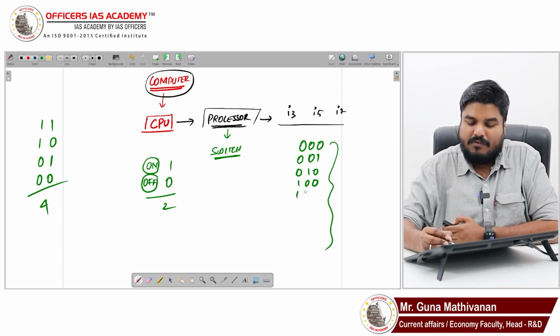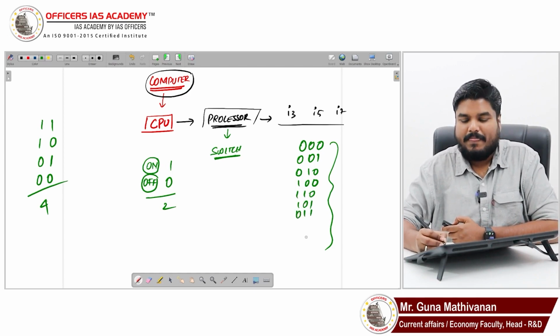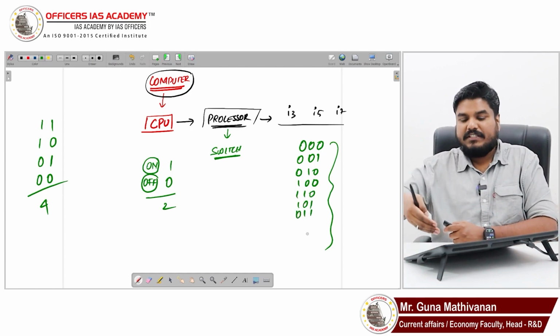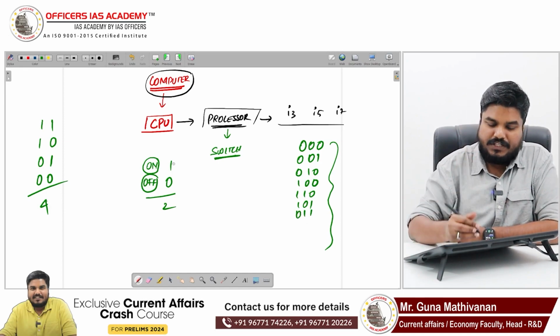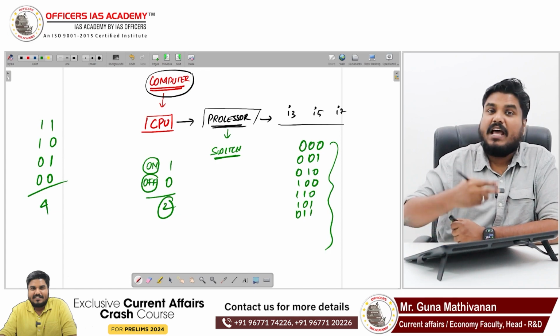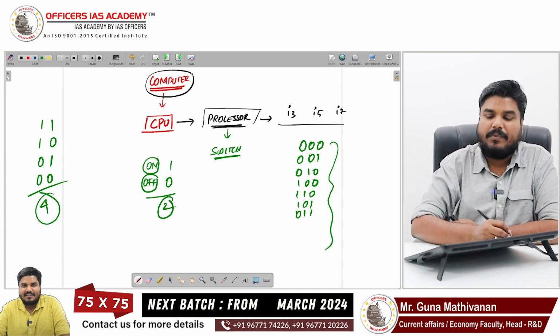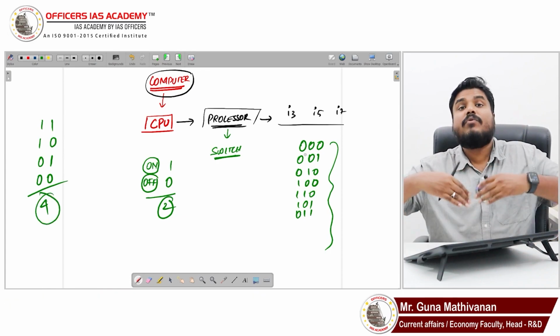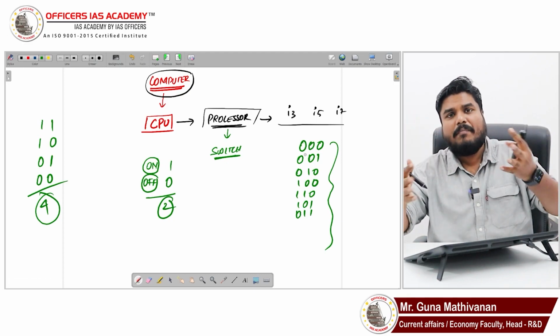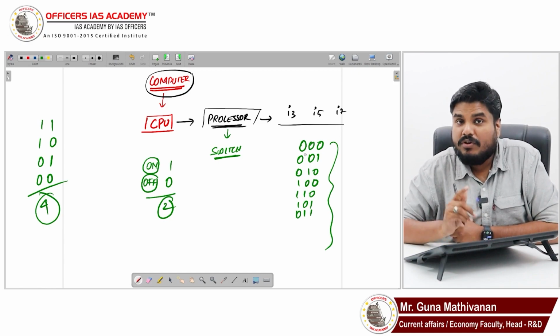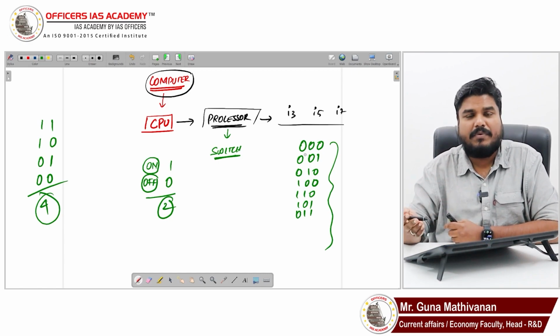Let's say 1 1 0, 1 0 1, 0 1 1. Like that the combinations go. So when you have one switch, you have 2 operations. When you have 2 switches, you have 4 operations. When you have 3 switches, more operations. The more the number of switches, the more the number of operations.